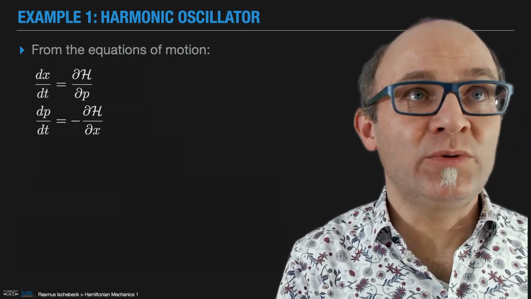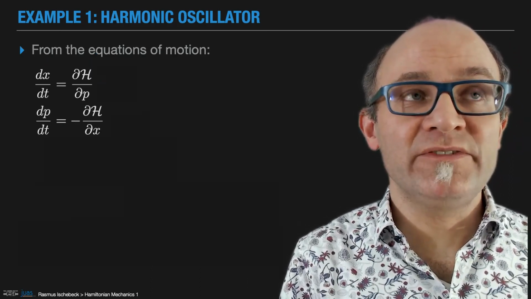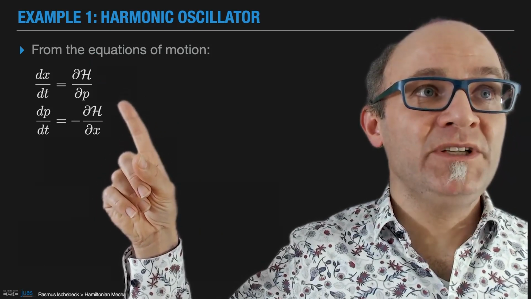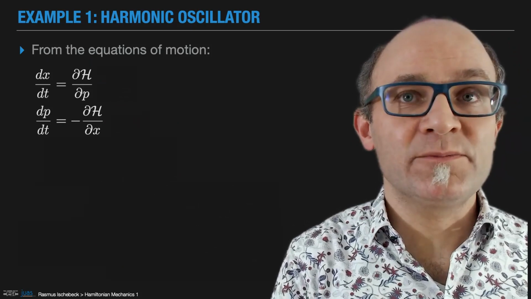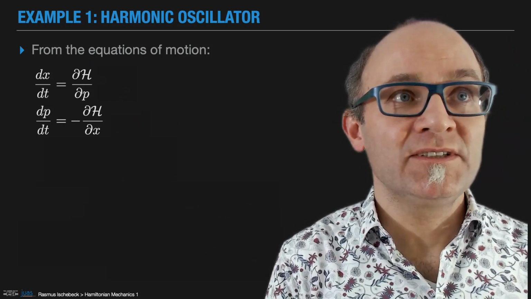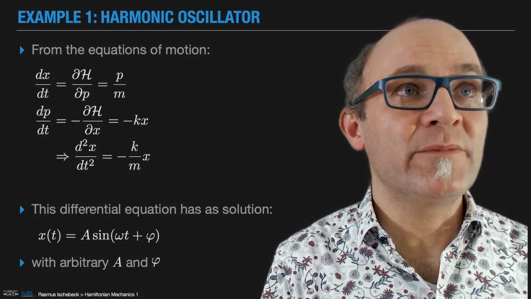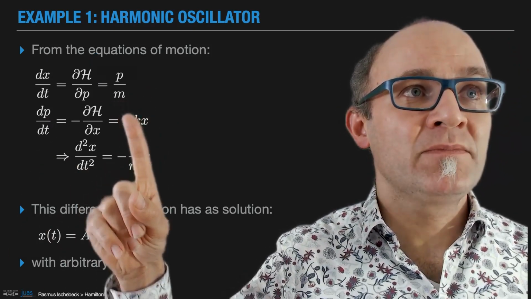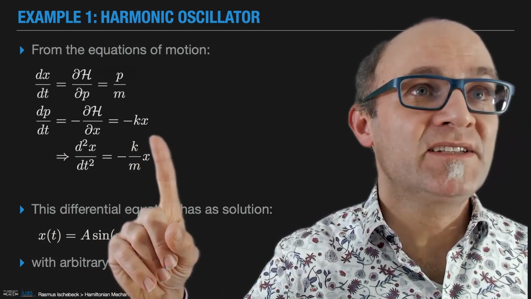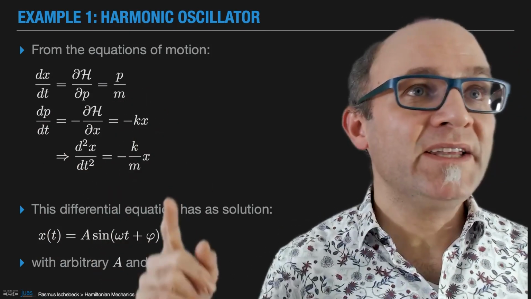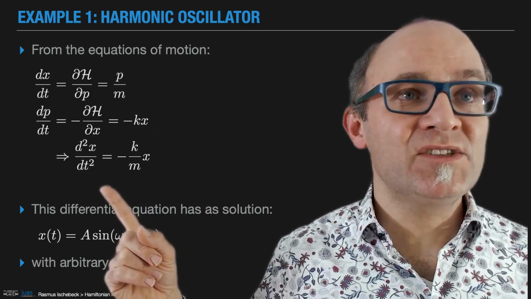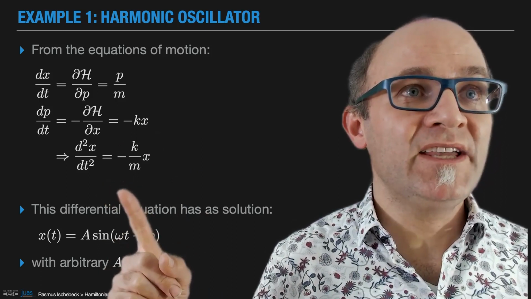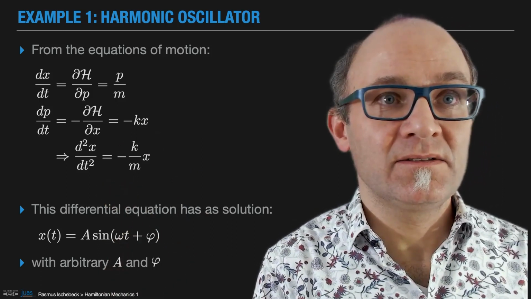So we now go forward and define the equations of motion. dx over dt is the partial derivative of H with respect to p, and dp over dt is minus the partial derivative of H with respect to x. And from this, we very quickly find that dx over dt is p over m, dp over dt is minus k times x, and combining this, we now find that d squared x over dt squared, so the second derivative with respect to time, is minus k over m times x.